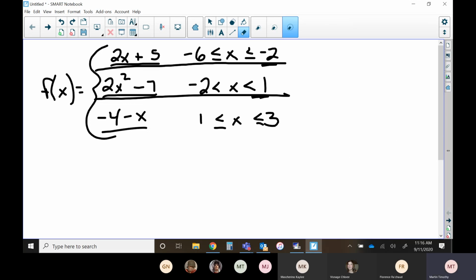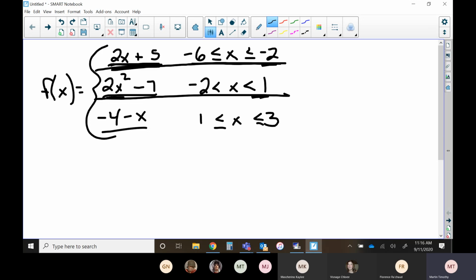Now, here's the way we graph this. Do you see this right here? This is the criteria that has to be met in order to use this equation. Meaning, you're only going to use this equation when x is between -6 and -2.